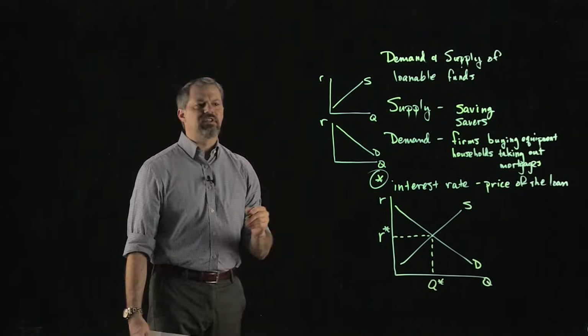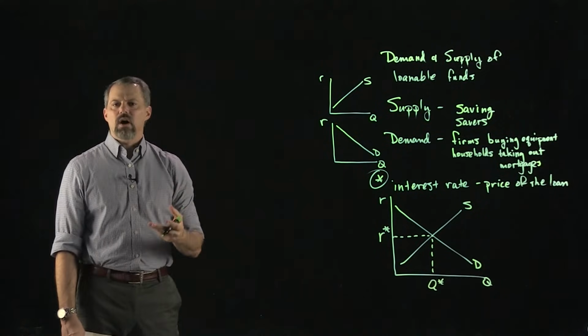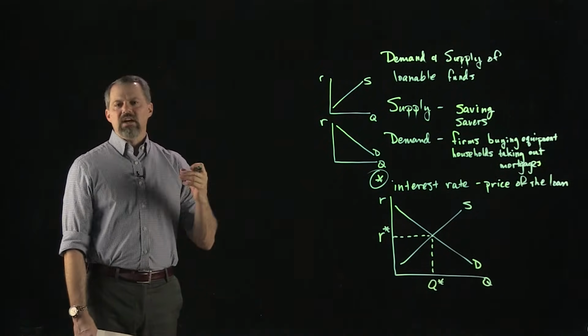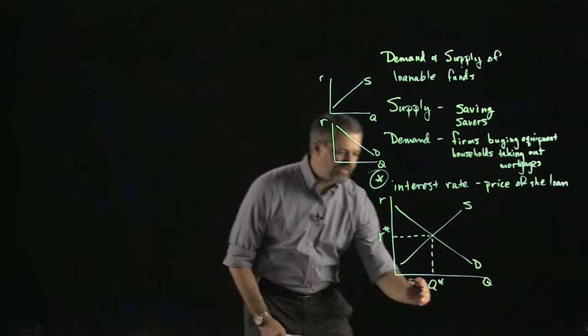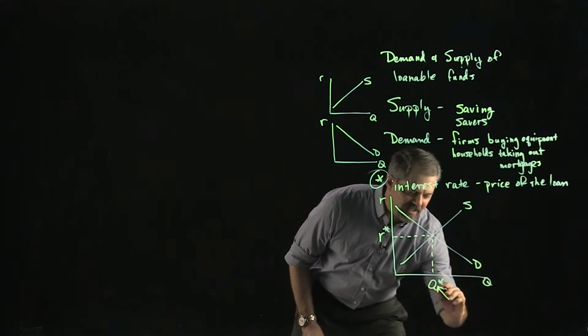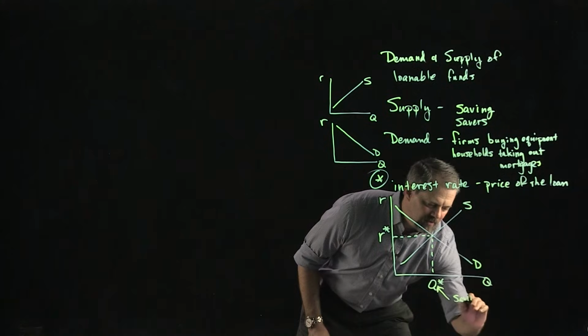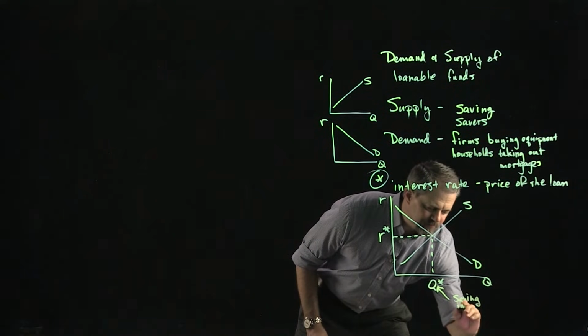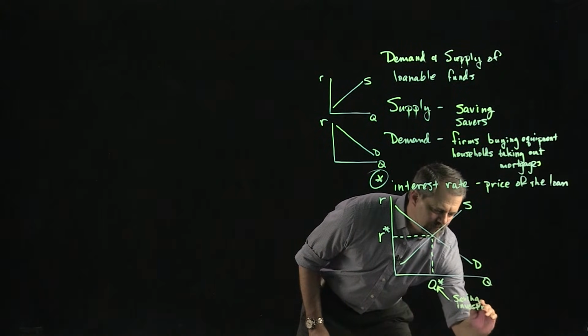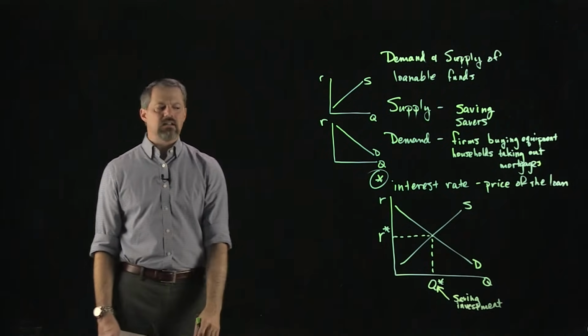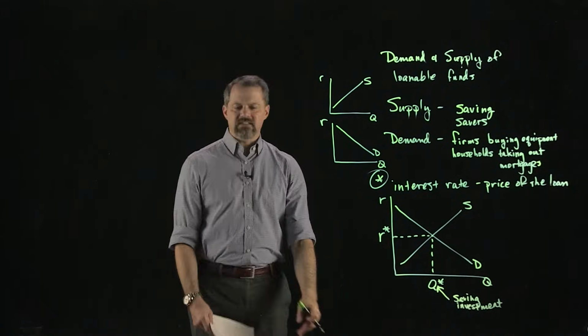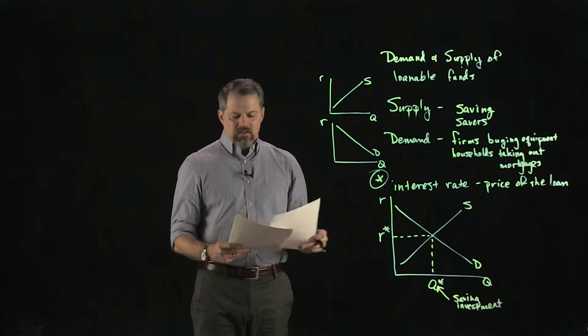That's the number of dollars borrowed and the number of dollars lent in the economy. This is the amount of saving and investment that's taking place. That's the number of dollars saved in the economy, the number of dollars invested in the economy.